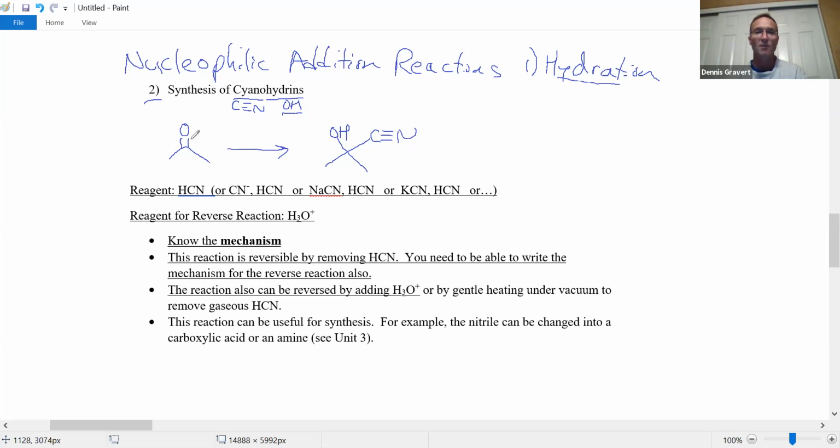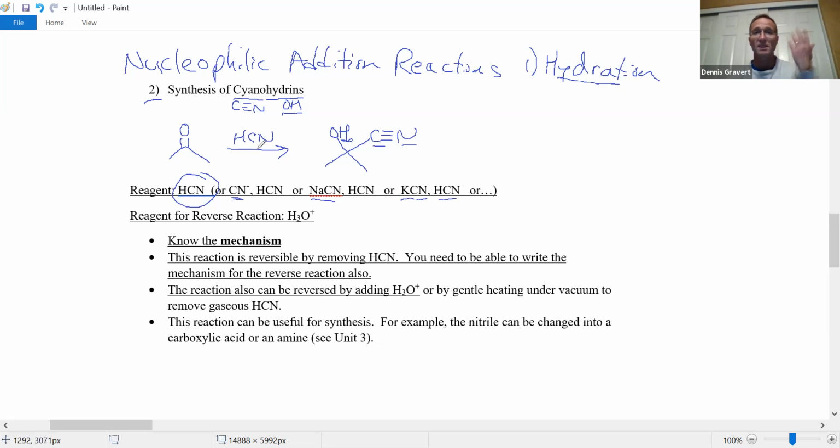Well, if you look at what you start with and what you end up with, you had to add an H and a CN. Those are the reagents. So on the exam, if you just give me HCN, full credit. In the lab, however, to speed it up, oftentimes we add a little amount of cyanide ion. It acts as a catalyst. So you might see KCN with HCN, or just NaCN with HCN.